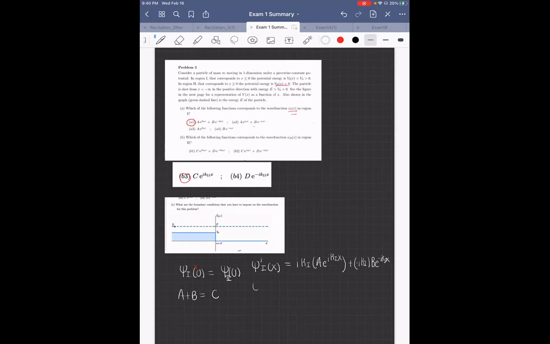And then for the second region, you would just have iK2 times C e to the iK2x.